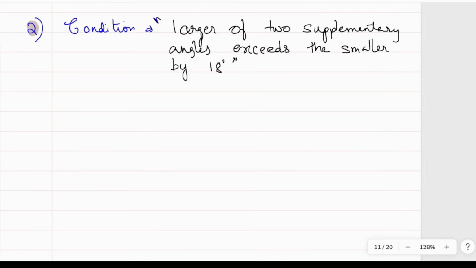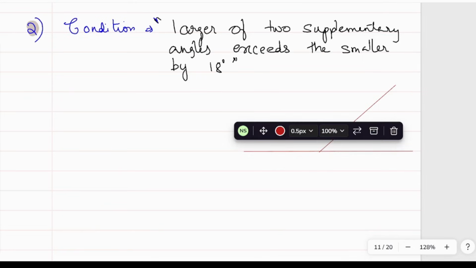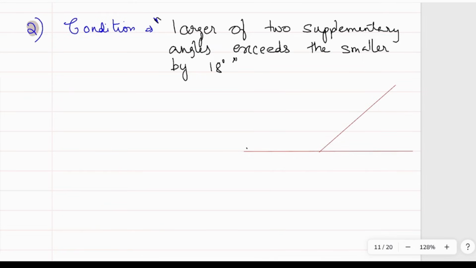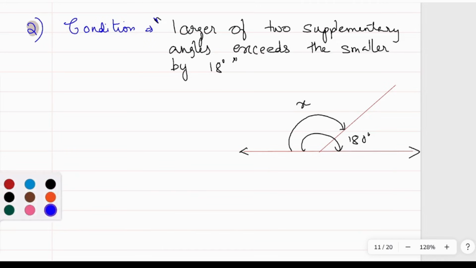Let this be my supplementary angle. Supplementary angle means the sum is going to be 180 degrees. Here I'm going to let the larger angle be x and the smaller angle be y.